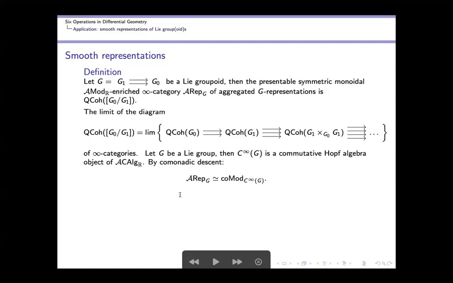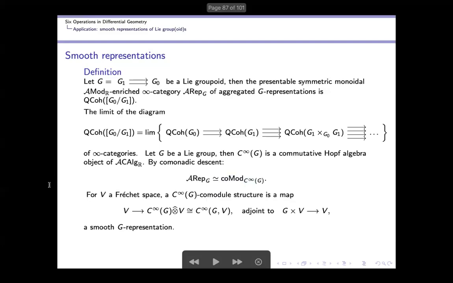And you can show that the category of G representations for this group is the same as comodules for this Hopf algebra. And these are quite familiar; they contain familiar things. So what does it mean? Say you give yourself some functional analytic space, say a Fréchet space.